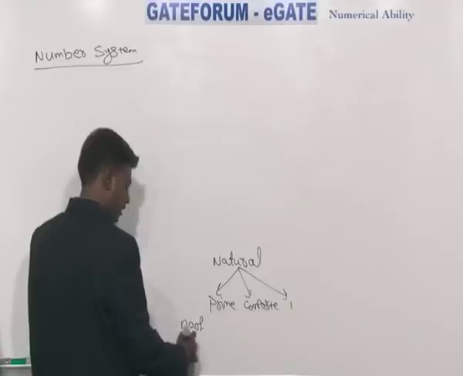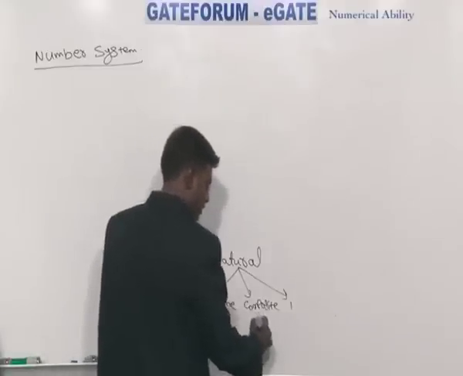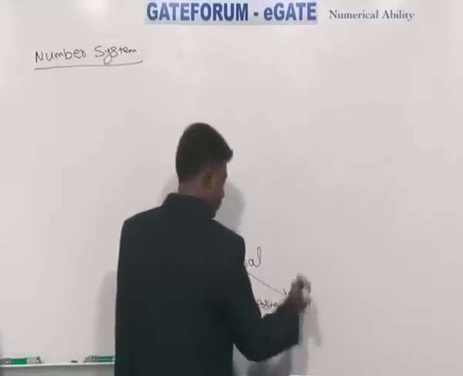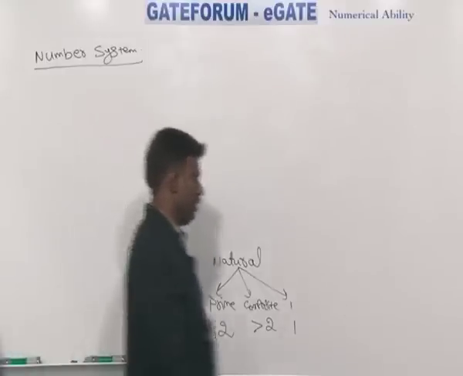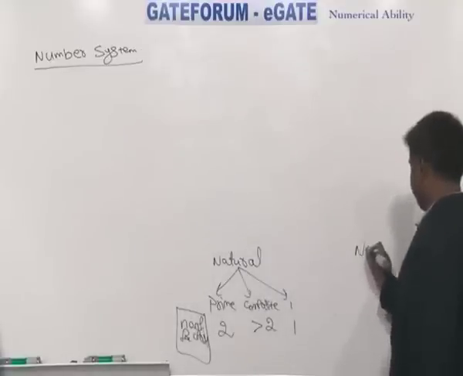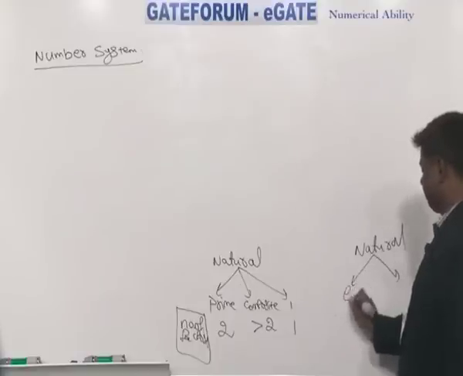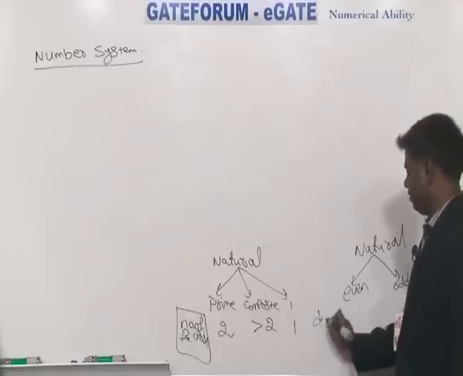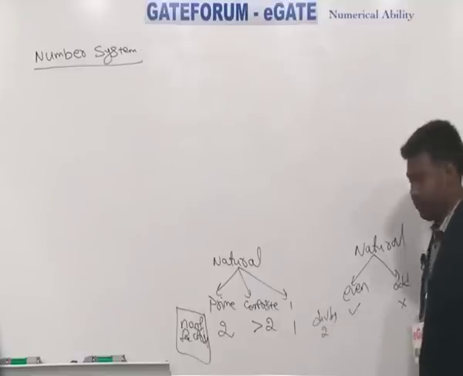Number of factors for a prime number is 2, for composite more than 2, and for 1 it is just 1. You can as well divide natural numbers based on even or odd, based on divisibility by 2. Here it is yes, here it is no.